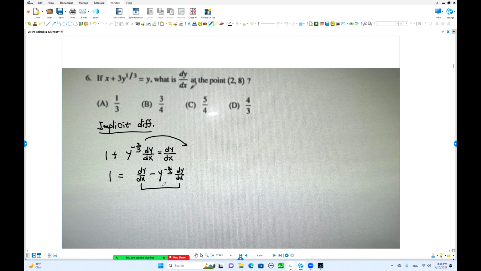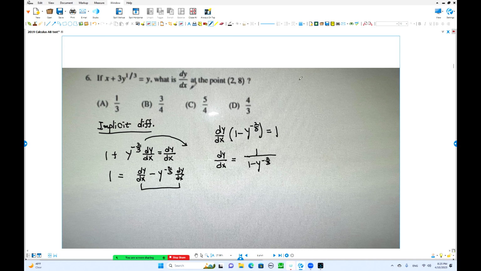I'm going to write this as a first: dy/dx is a common factor, so inside we have 1 minus y to the negative 2/3, that equals 1. Now we can express dy/dx by dividing these terms: 1 over 1 minus y to the negative 2/3. That's it. dy/dx in terms of y, we need only the value of y.